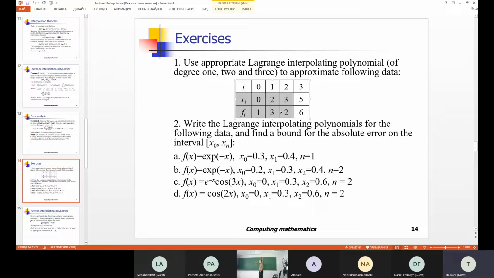You should first write the formula for L0, for L1, for L2. You should substitute here the values x0, x1, x2. And after that, substitute it into the first formula.